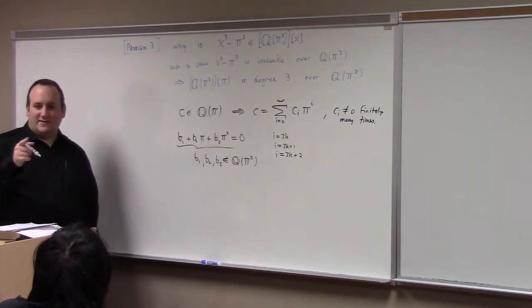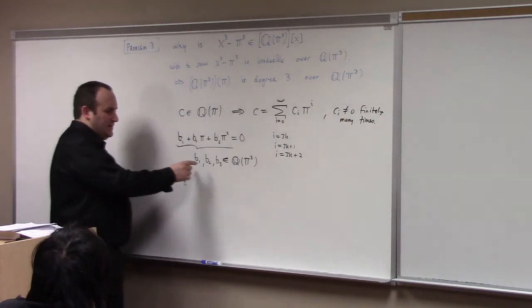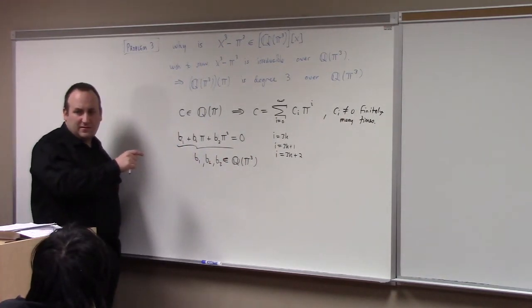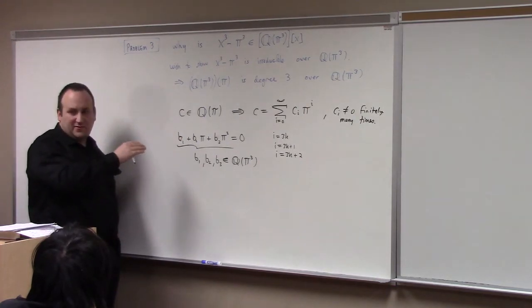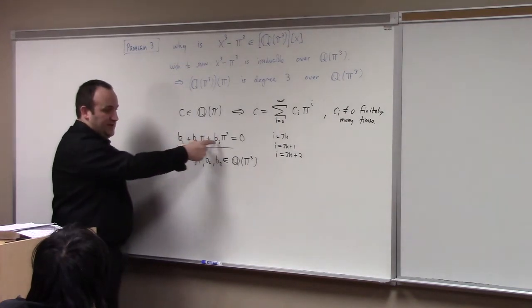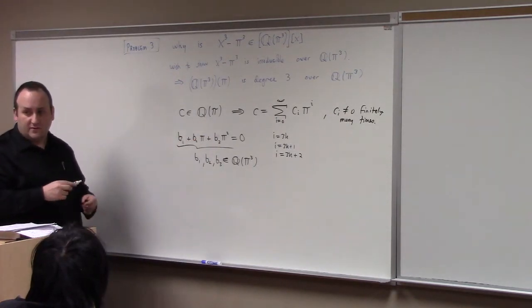The calculation I'm just showing in reverse, I think. If you plug in that these have the expansions in pi cubed, then you write this out. That gives you a power series in unique powers of pi. But by the transcendence of pi over the rationals, it gives us that all of the coefficients vanish, and hence these in particular vanish, because they're built from linear combinations of those vanishing coefficients.